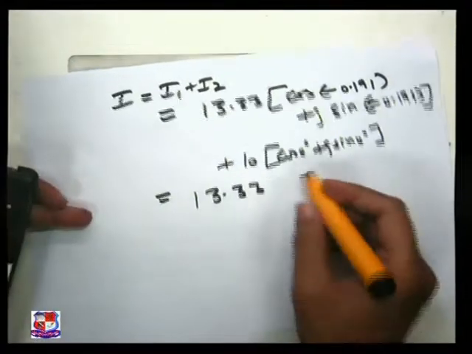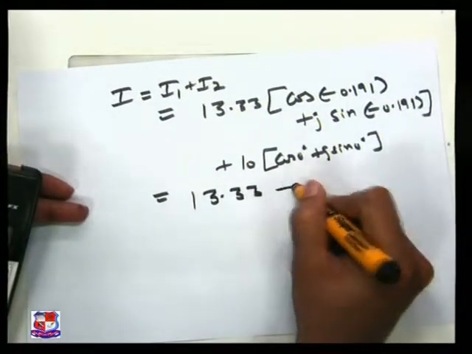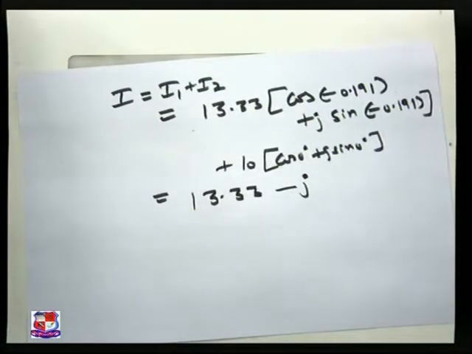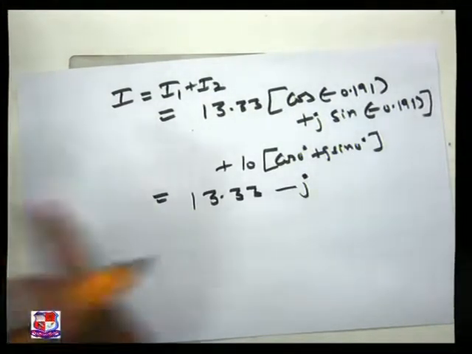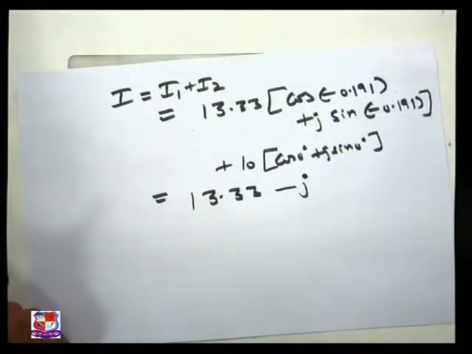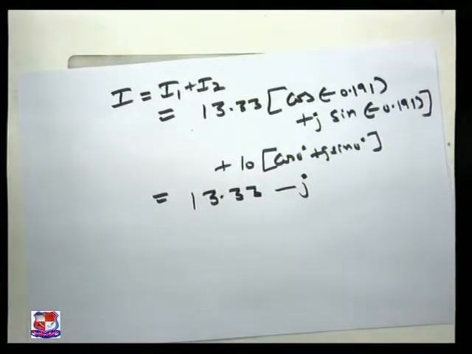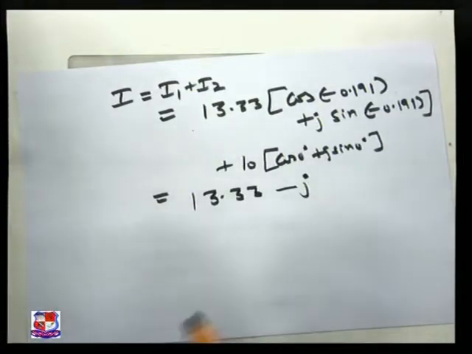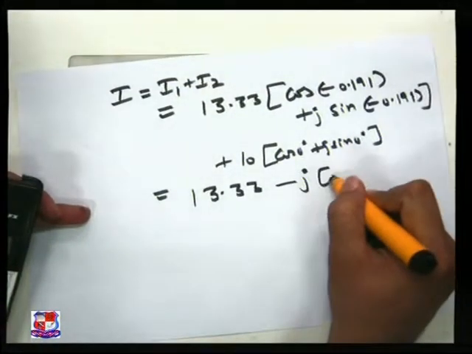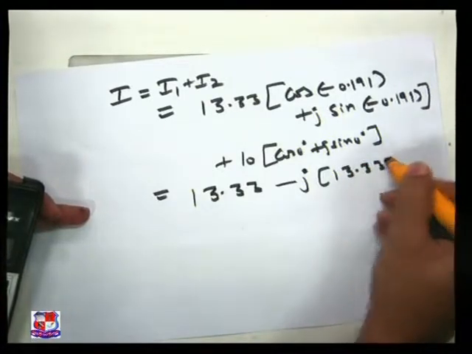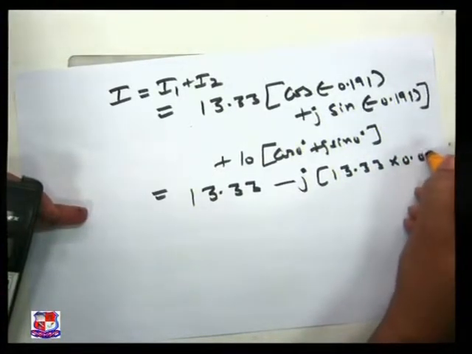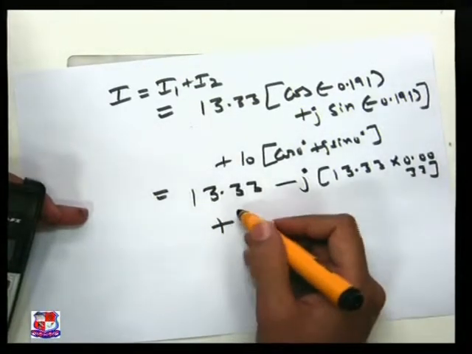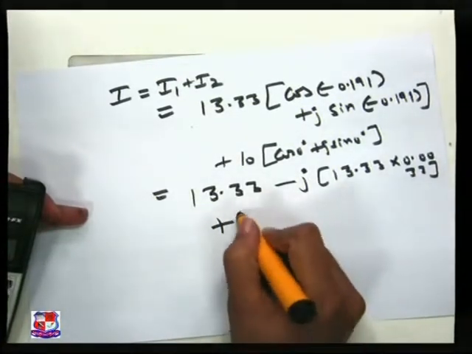Minus j, what is sine of 0.191? Because sine is an odd quantity, sine of minus theta will be minus sine theta. So 13.33 into 0.0033, plus 10 cos 0 is 1 and sin 0 is 0, so directly we can write 10.